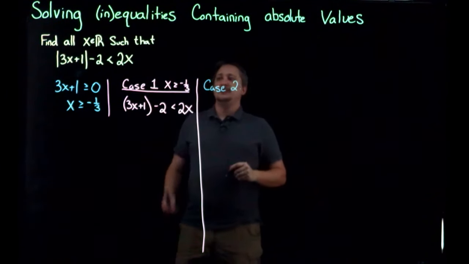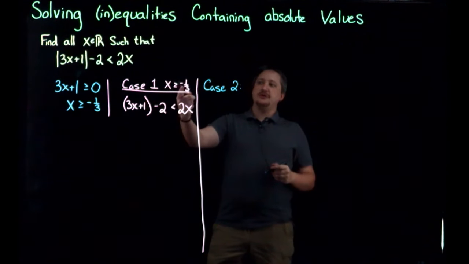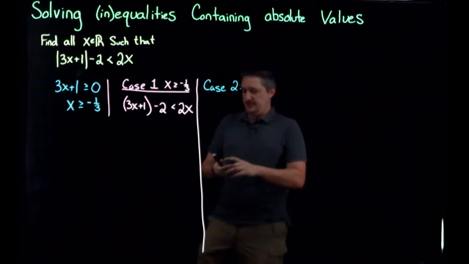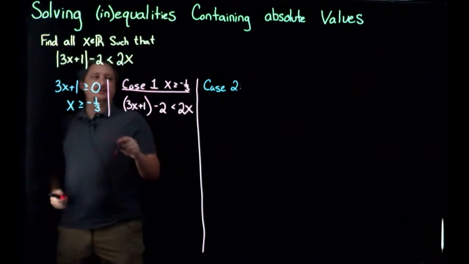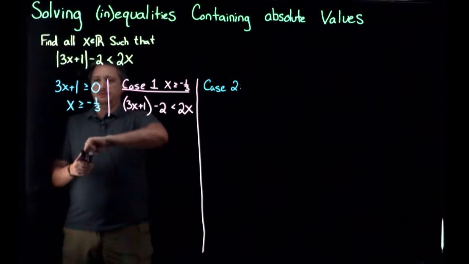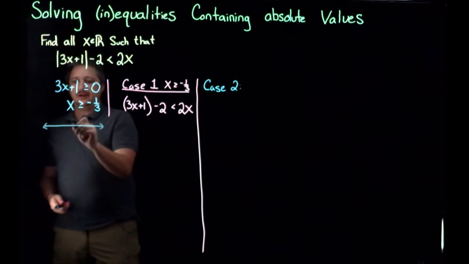And case 2 is what we would call the complement, all the other times. So for people that are better at visualizing things, I'll do it in blue so it matches. If I have 0 here, negative 1 here, so negative 1/3 is there.